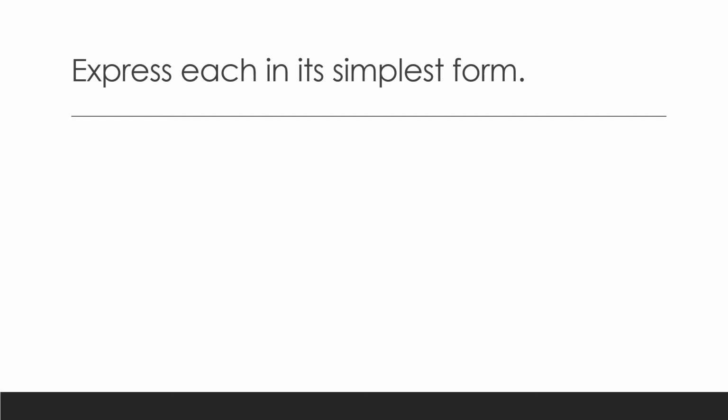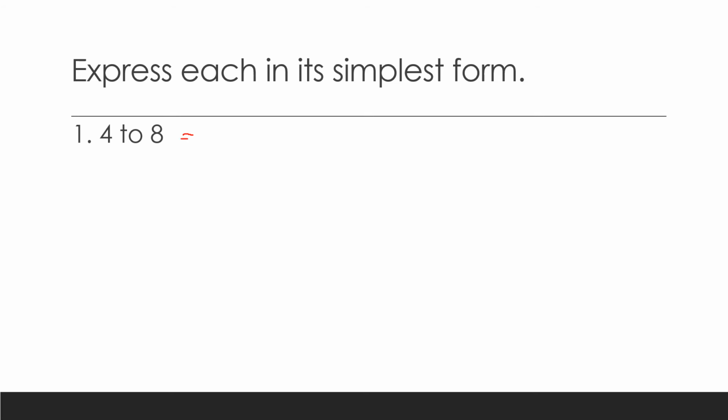Express each in its simplest form. So for example, 4 is to 8. All right, let's continue. Express it in the simplest form. So we have 4 to 8. The GCF of 4 and 8 is 4.